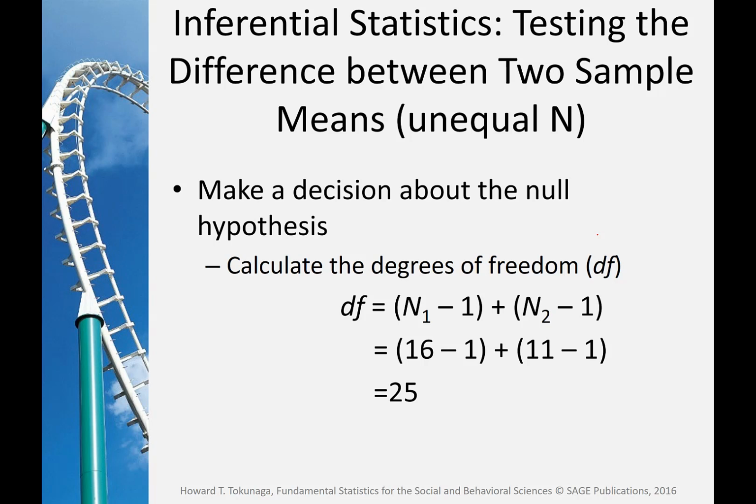First step, calculate the degrees of freedom. Our two groups. Group 1 had 16 students, Group 2 had 11. That gives us 25 degrees of freedom.